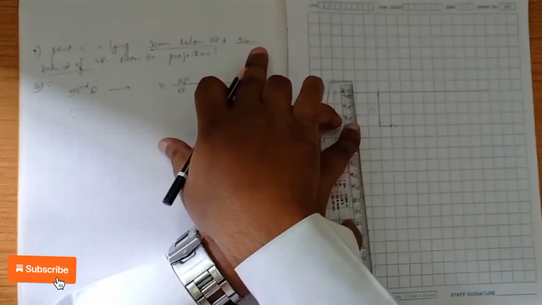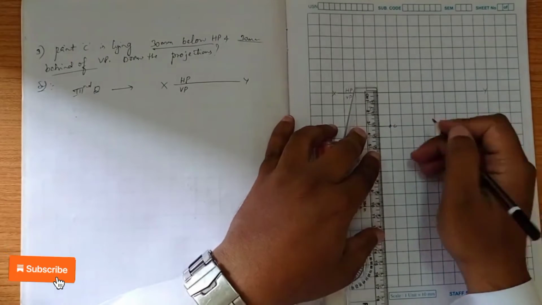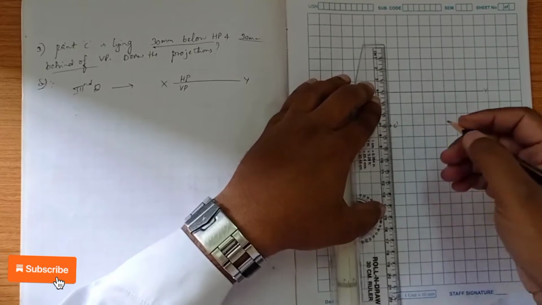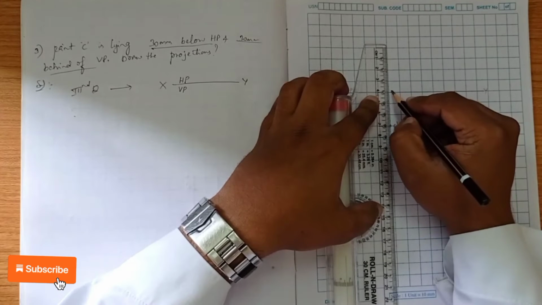Now we have done the front view. Similarly, write 30 mm behind VP. Behind VP means it is the top view, correct? So again a 30 mm line. We know the top view will be drawn in the horizontal plane.